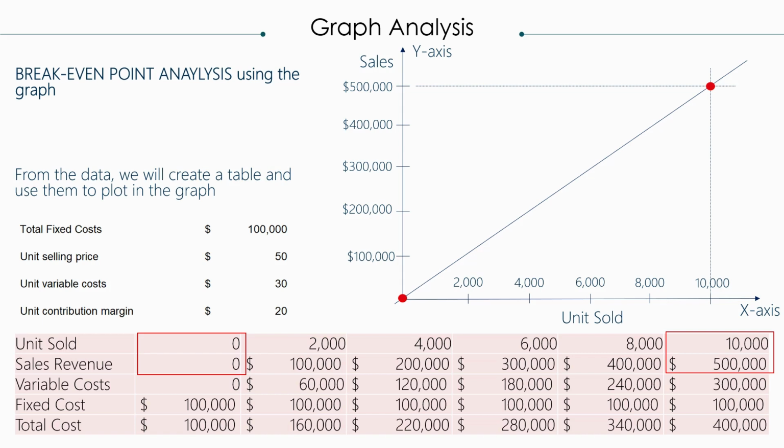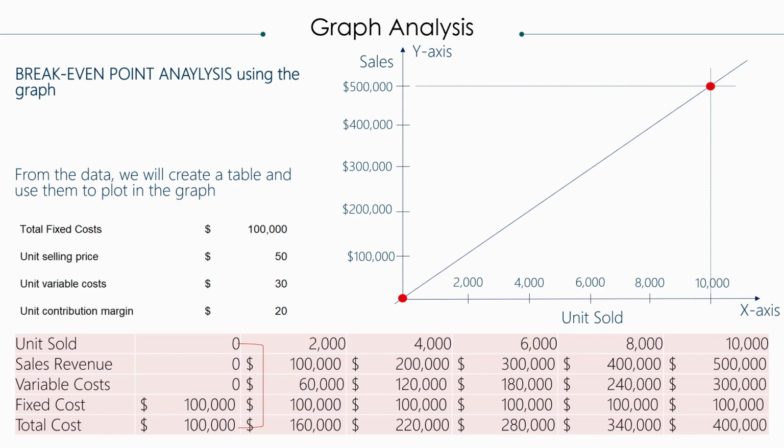So in the total cost line, since the other line will be representing the total cost, we will use the first point, the units sold 0.